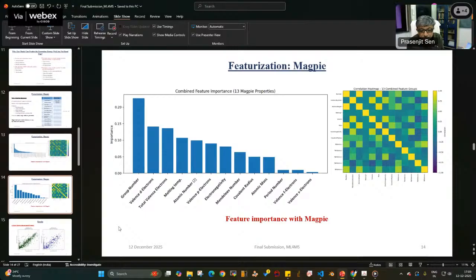Right. So this is a question for Shubhankar. Can you try to rationalize why a feature like group number comes out with a much higher importance than, say, the number of valence electrons?